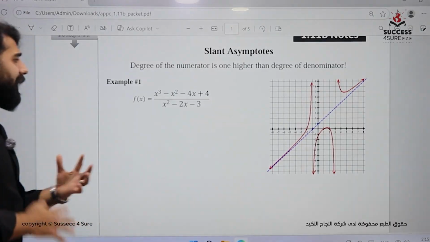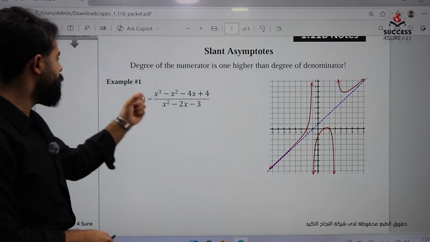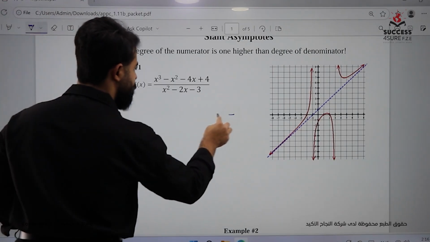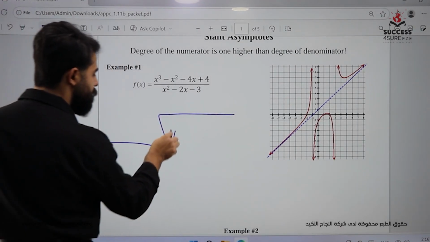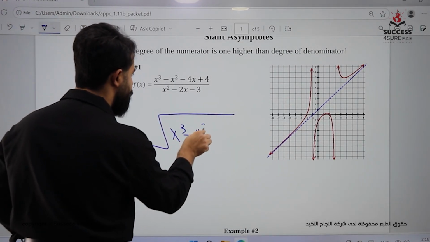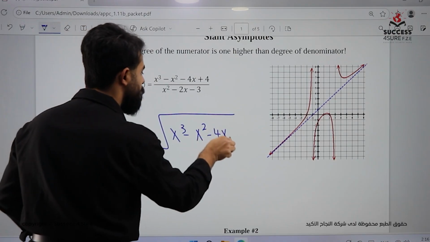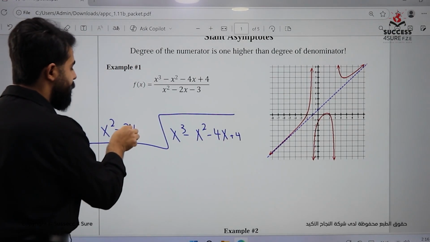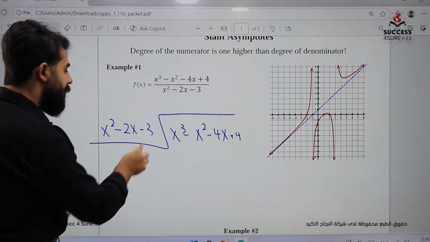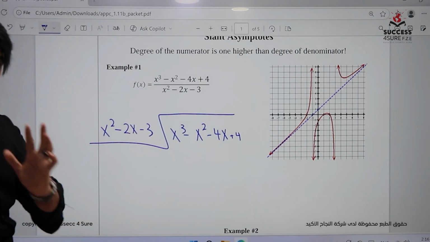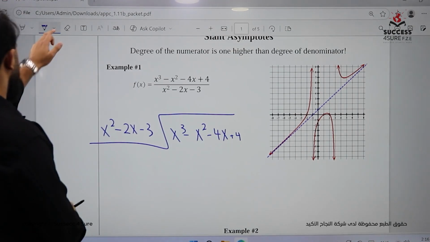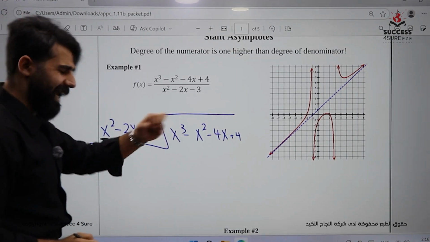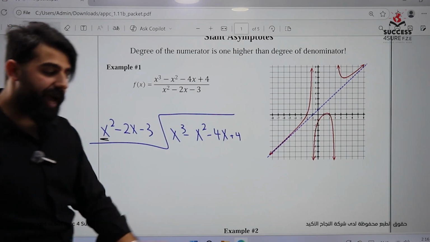So let's discover how to do the long division for the following function: x cubed minus x squared minus 4x plus 4, divided by x squared minus 2x minus 3. What is the value that, if I multiply it by x squared, gives us x cubed? Look for that value.